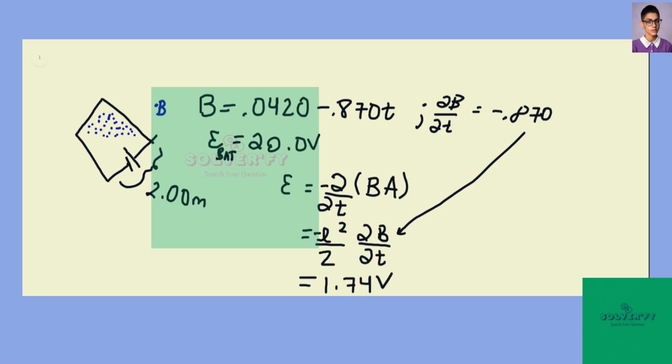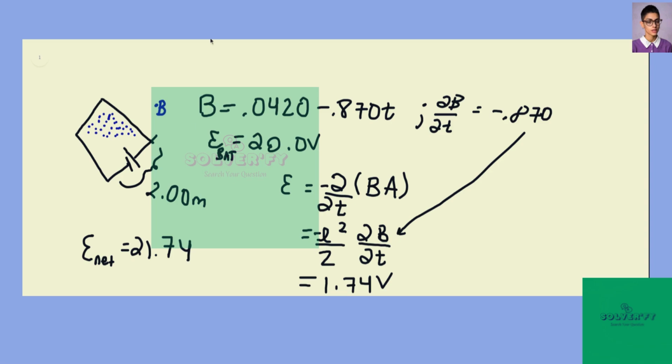So basically let's look at the physical situation. We have this B field. The B field is decreasing in magnitude, and so the loop wants to induce a current to keep it the same. It's always a sort of restorative force.